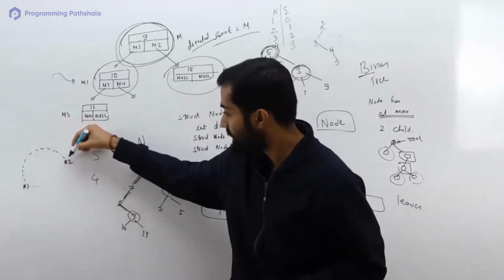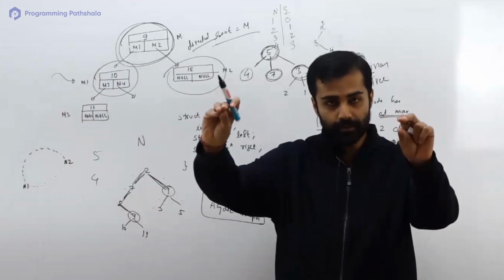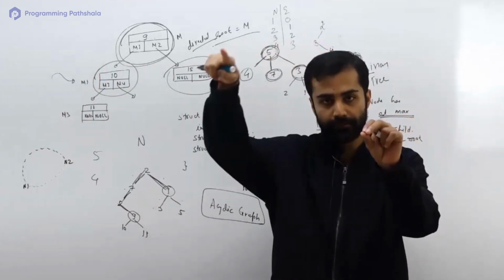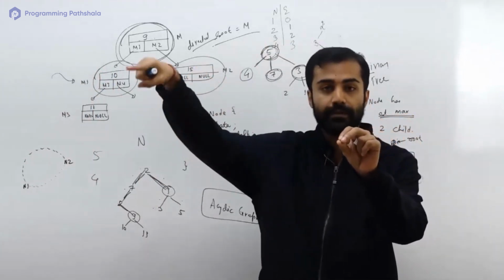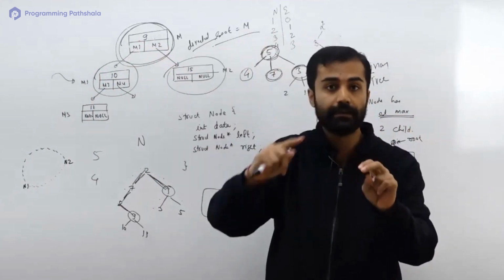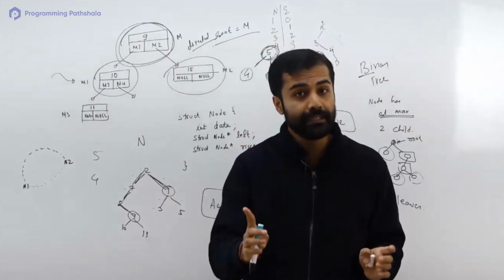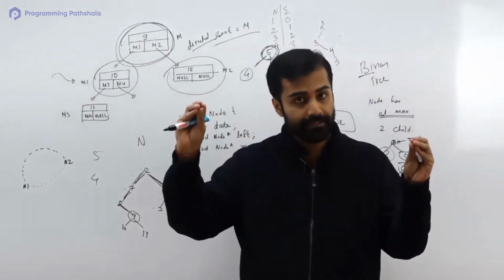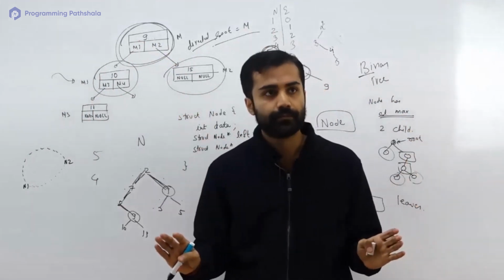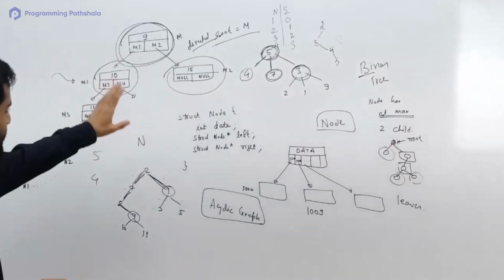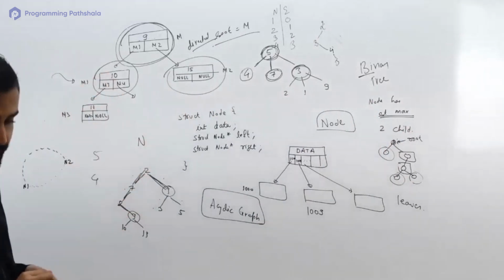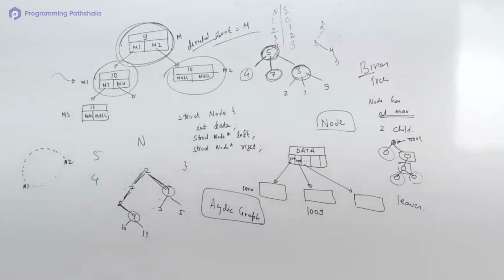That means there is a cycle. There are two cities. There is one road from N1 to N2, and another road also from N1 to N2. That means there will be a cycle. Because there are no cycles, there will be one and only one unique path between any pair of nodes that you choose. Cool. So these were some very basic information that I wanted to share about trees.